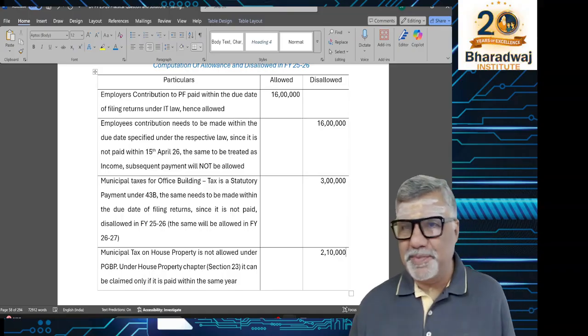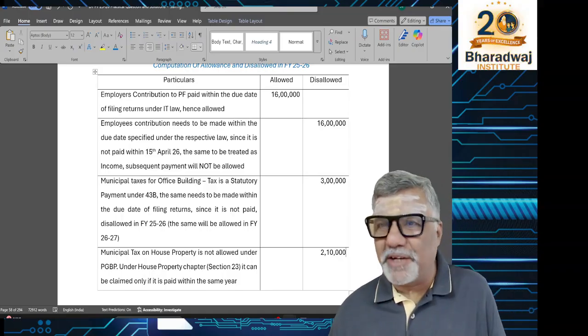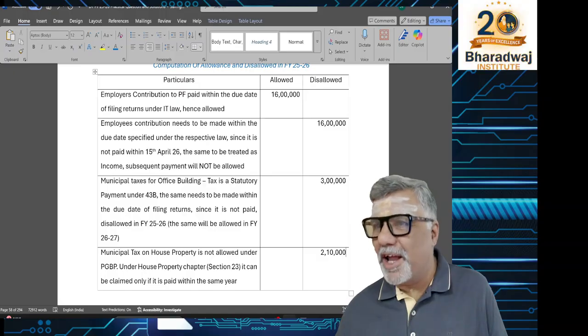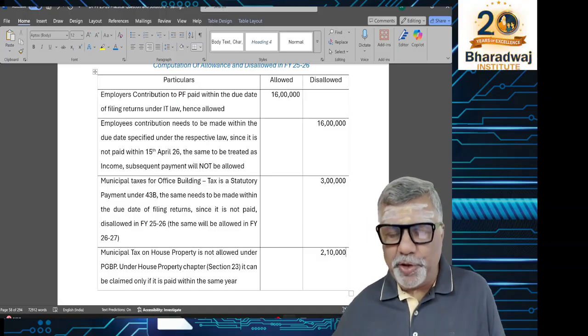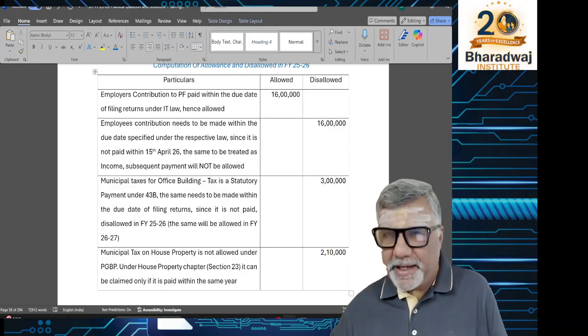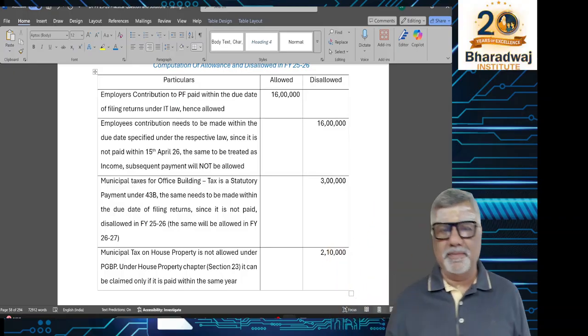You cannot claim this because house property says paid before 31st March. Otherwise, in the year of payment only. In net annual value, gross annual value less municipal taxes paid. It should have been paid within that year.